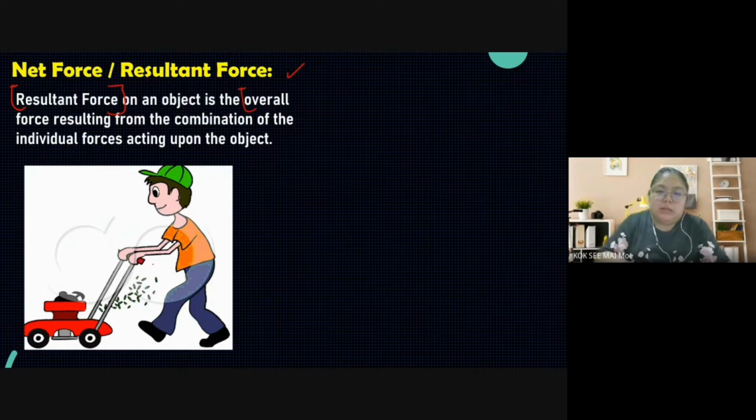Okay, example. This one is a lawn mower, they go to push the lawn mower. Now one of the forces goes downwards, with an angle. With an angle, that means we cannot just add together. No, this one we need to resolve. But this is Form 5.